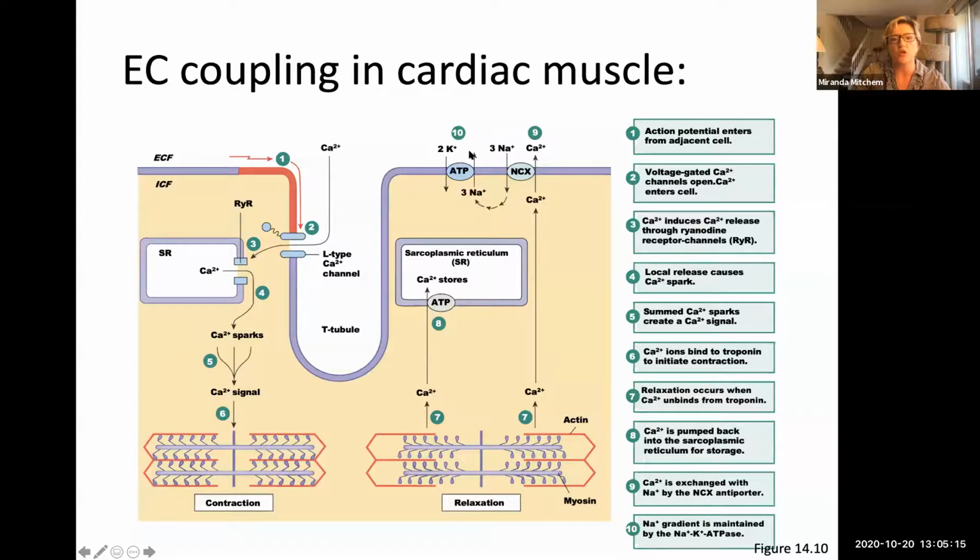And in return, we bring in 2 potassiums against their gradient, which is why we need ATP. So our calcium is exchanged with sodium through the sodium calcium exchanger, but importantly, our sodium potassium pump maintains the sodium gradient so that we can get back to homeostasis.